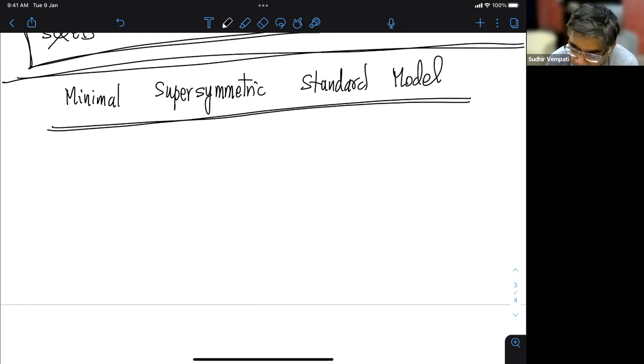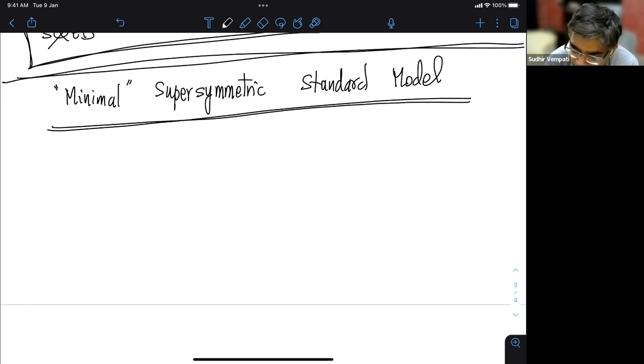Okay. Here, one important thing: we want to write a supersymmetric standard model. That is very clear. But the very important word is "minimal," because minimal is often a highly abused word. Everybody calls their model the minimal model, but here it has a very definite meaning.